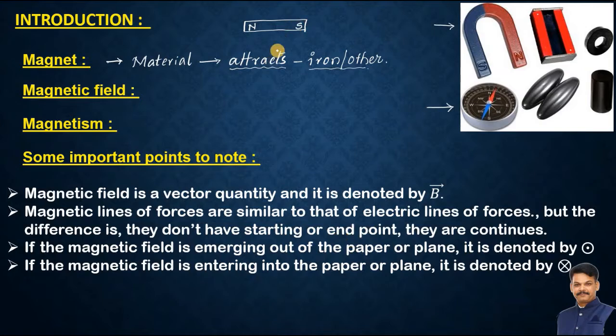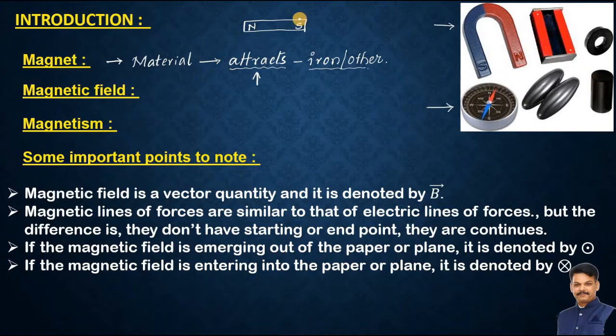So whenever we have an interaction between any two magnets, there may be a force of attraction or there may be a force of repulsion. But in the case of a magnet interacting with iron, we find only the attractive force.